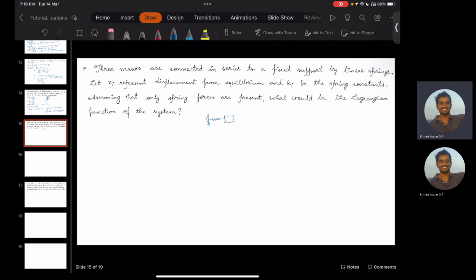So this is mass M connected to another mass, the third mass. And this is a fixed wall. The springs K1, K2, K3, and the masses are M1, M2, M3.